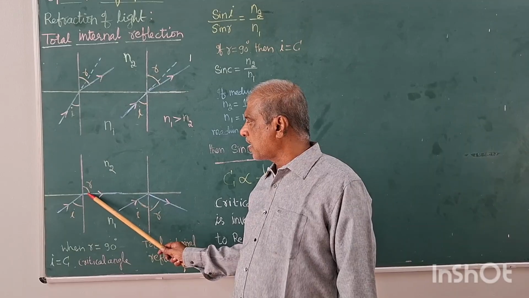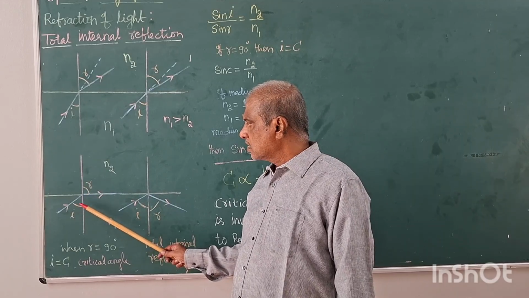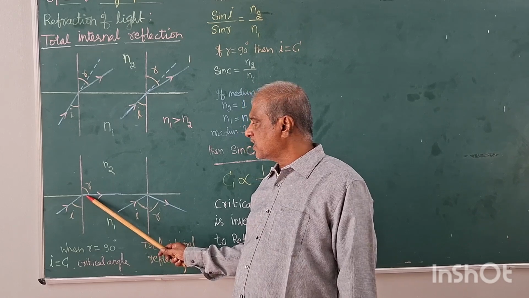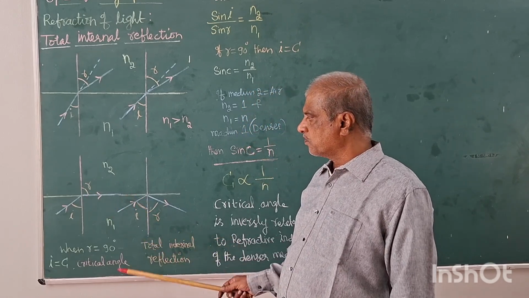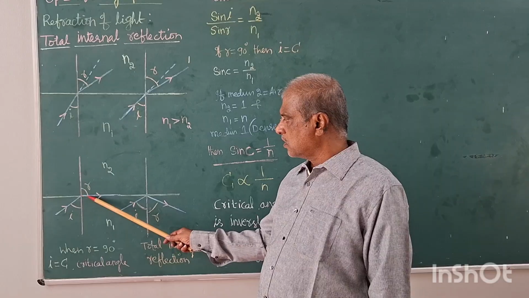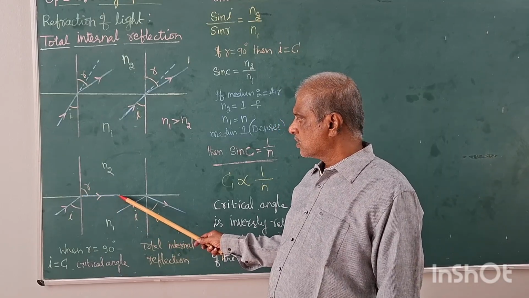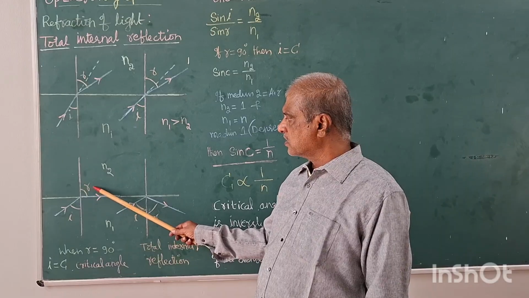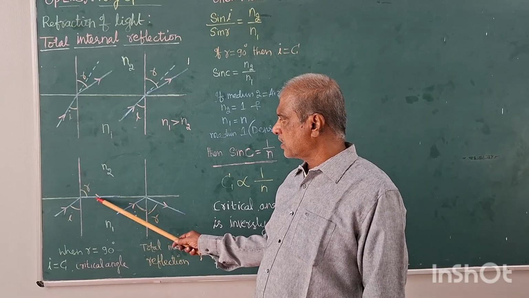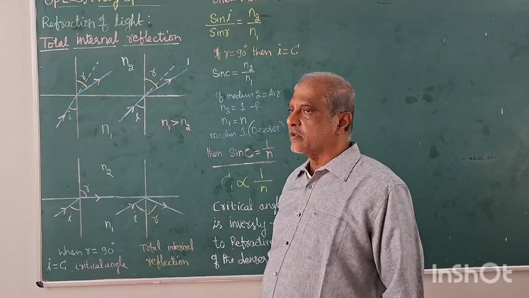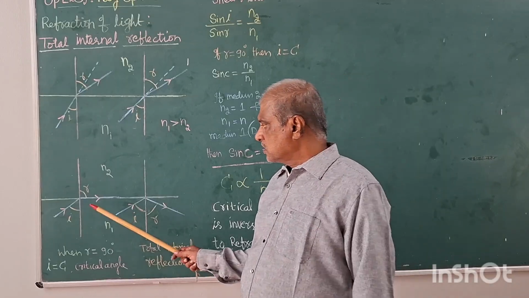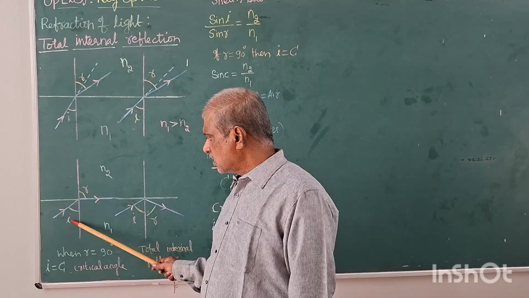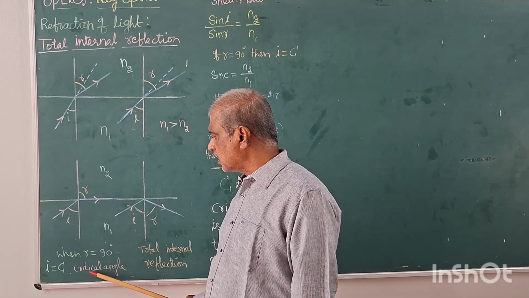At one particular angle of incidence, the refracted ray grazes the interface of the two media. It is passing along the surface, and the angle of refraction, that is the angle between the normal and the refracted ray, is exactly equal to 90 degrees. If that is the case, this angle of incidence is named the critical angle.